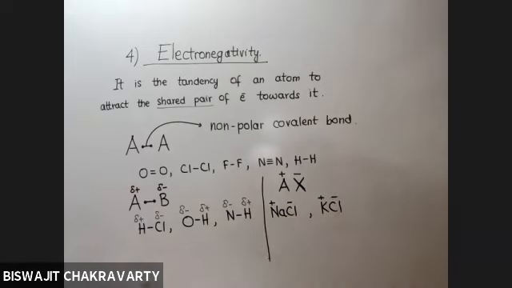Are you understanding? When I am giving complete positive and complete negative, it means sodium completely gives away the electron to the chlorine and chlorine completely takes away the electron, which means that this type of bond is called an ionic bond, which is generally formed between a metal and a non-metal.